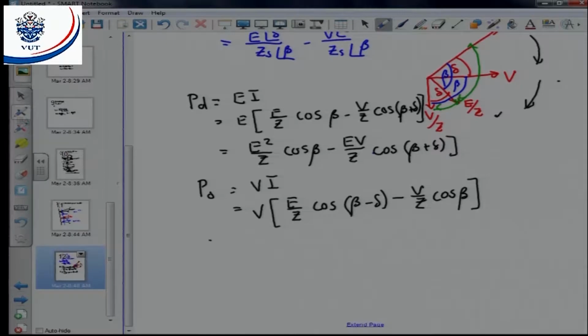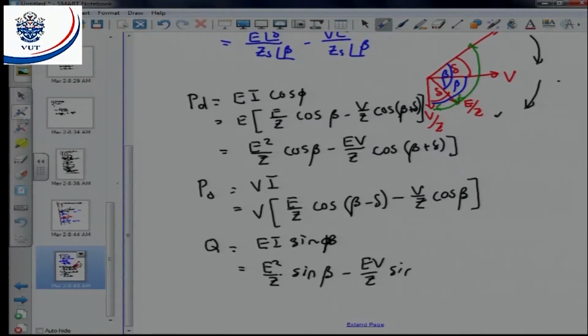And reactive power Q will be EI sin phi, where this was EI cos phi. So therefore this will become E squared over Z sin beta minus EV over Z sin of beta plus delta.